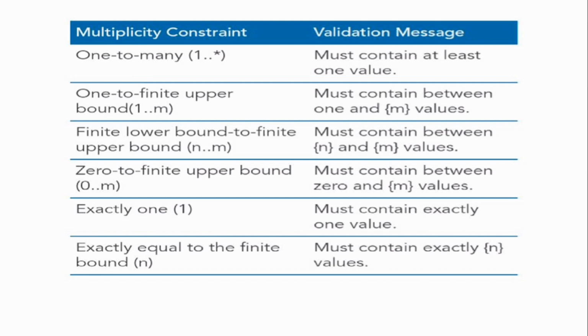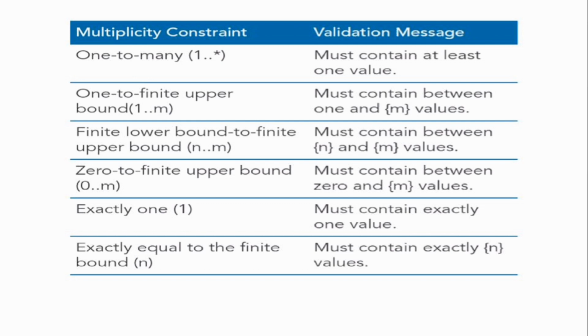First of all, 1 to star must contain at least one value, 1 to infinite upper bound. 1 to m must contain between 1 and m values. Finite lower bound to finite upper bound, n to m must contain between n and m values.